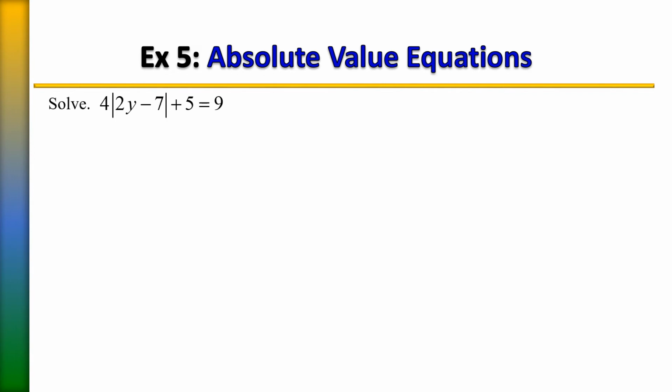So we're going to have to do two things here in order to isolate that absolute value symbol. So we're going to have to subtract 5 from each side so that we can move 5 on the other side. We're also going to have to divide by 4, and remember, it's always opposite operation. The opposite of multiplication is division, and that's why we have to divide by 4.